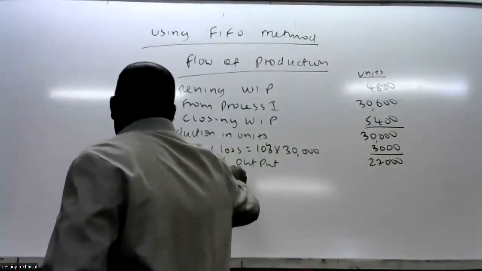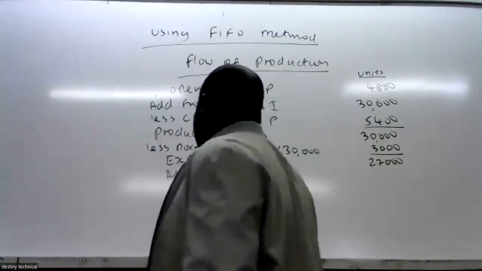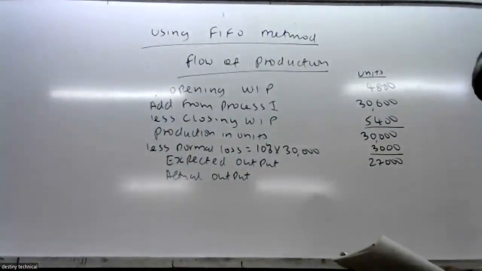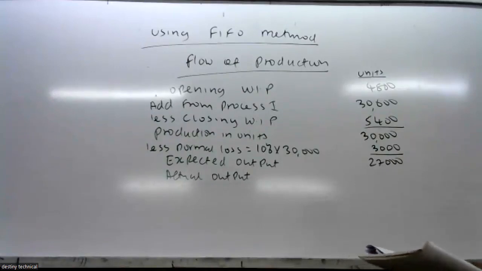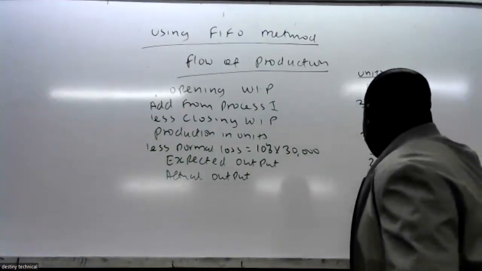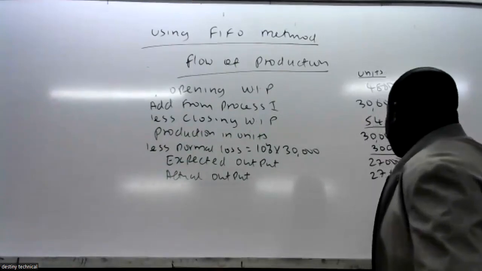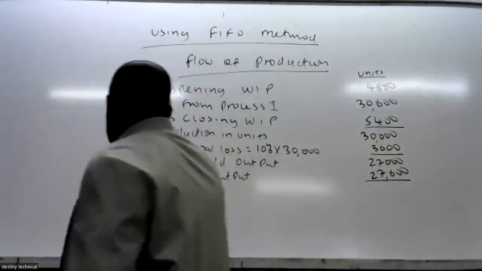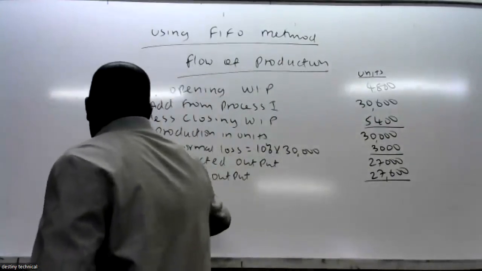We compare that with the actual output. The actual output was given to you in note number 5: transfer to process 3 amounted to 27,600. So we are to get the abnormal gain or loss.